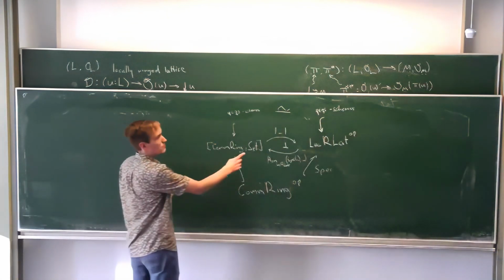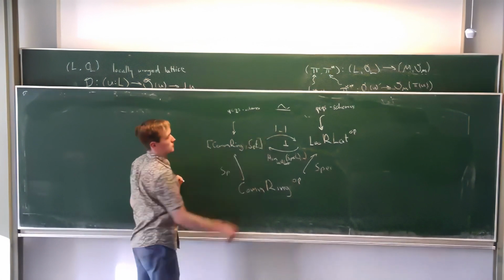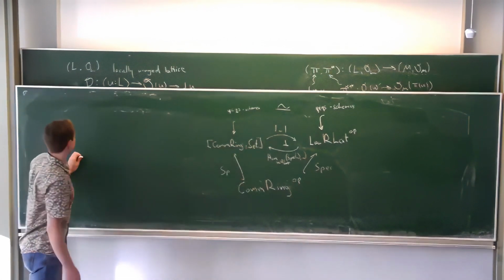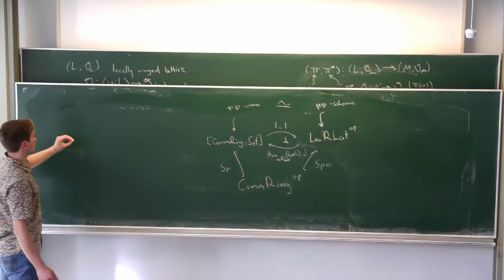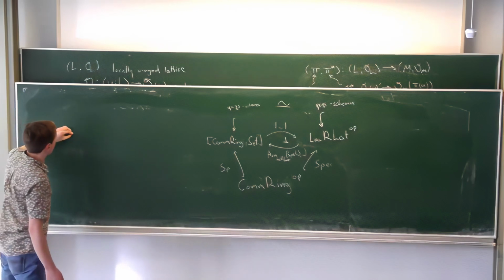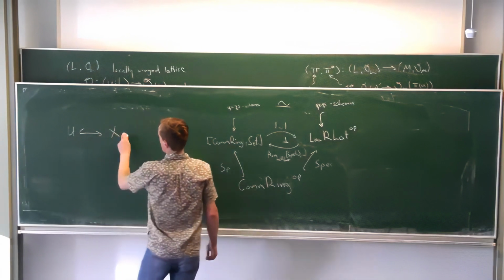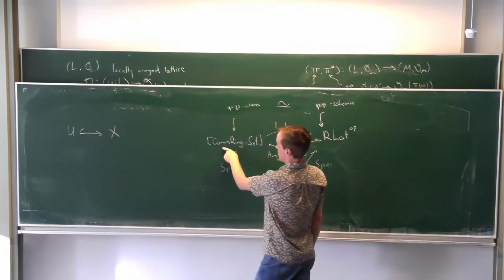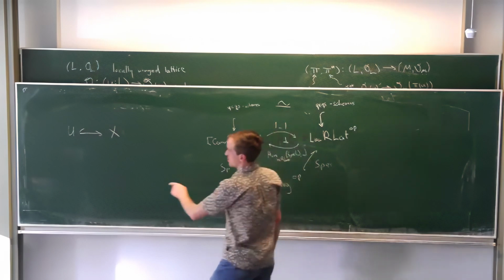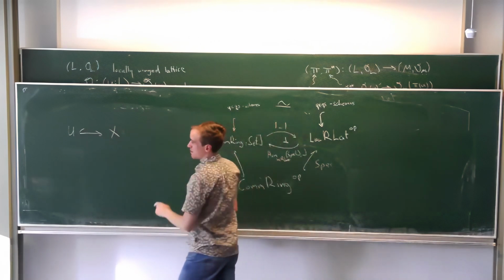So maybe I want to use the rest of the time to define this functor. The important notion here is that of a compact open subfunctor. So we have some presheaf X, a functor from commutative rings to sets, and some U that's a subfunctor.